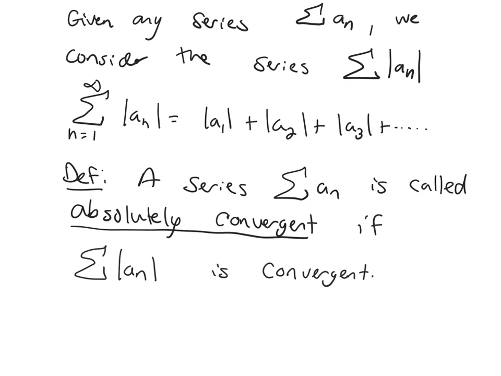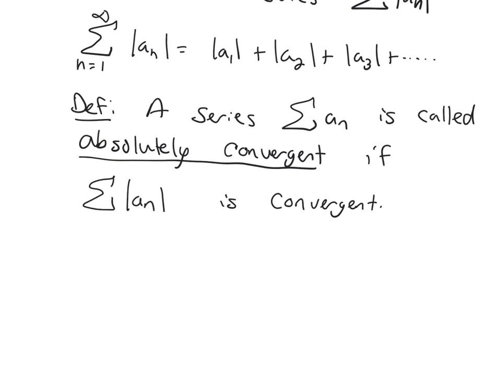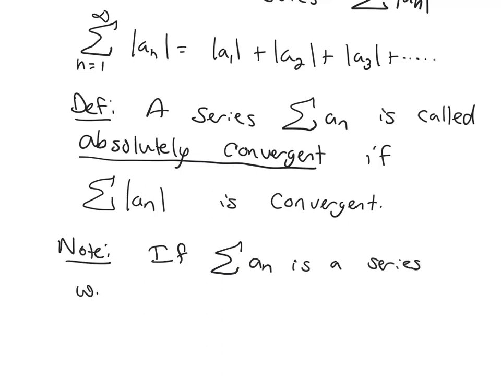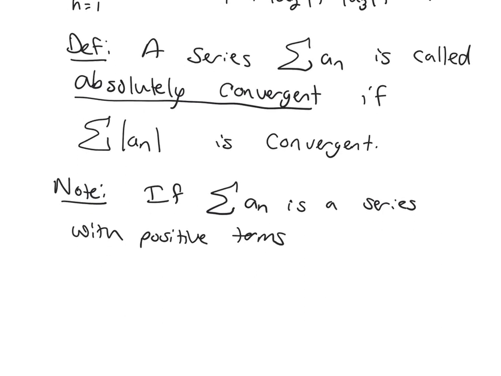So what if my series had positive terms in it to begin with? What happens when I take the absolute value of positive numbers? They're still positive. They stay the same, right? So if your series a_n is a series with positive terms, then the absolute value of a_n is the same thing as a_n.